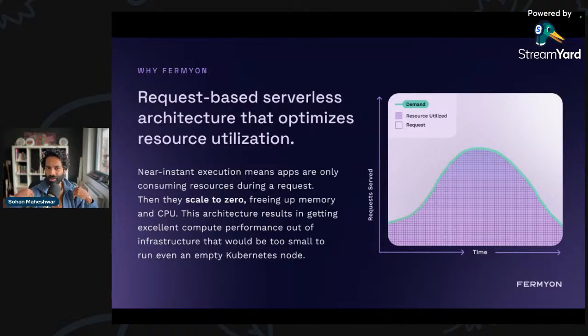So you can actually deploy and run Spin serverless apps or WebAssembly serverless apps and then scale them back to 0. And this architecture actually results in getting compute performance that would even be too small to run in an empty Kubernetes node, right? It is actually that lightweight, and we showed you why.